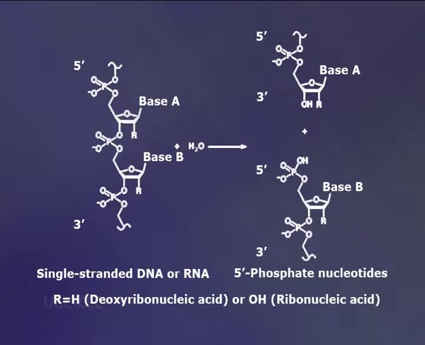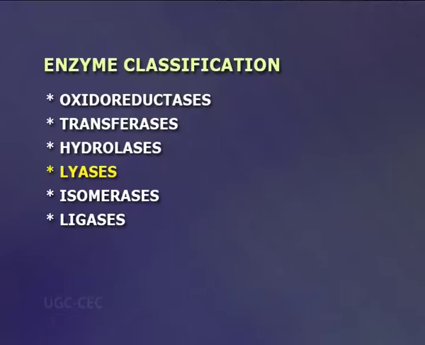Nucleases cleave phosphodiester bonds between nucleotide subunits in nucleic acids. They are termed exo or endo depending on where they cut. Endoenzymes cut in the middle of the chain, whereas exoenzymes cut at the end of the chain to release an individual monomer.